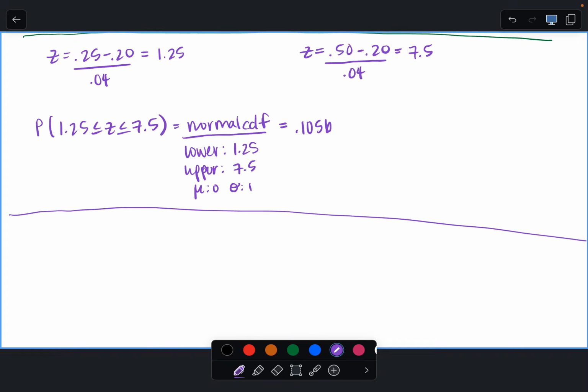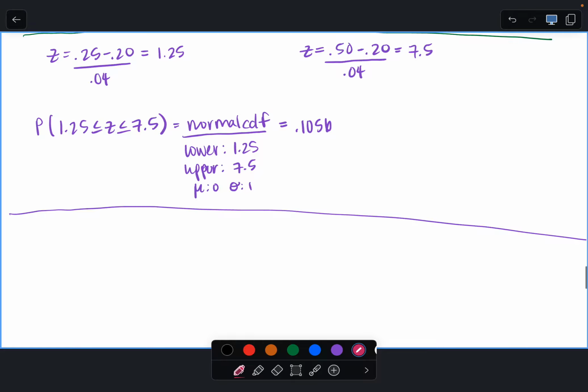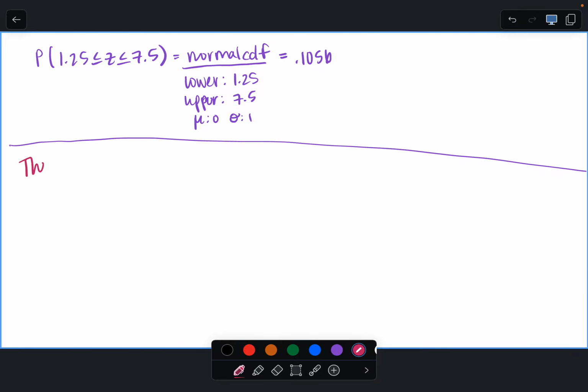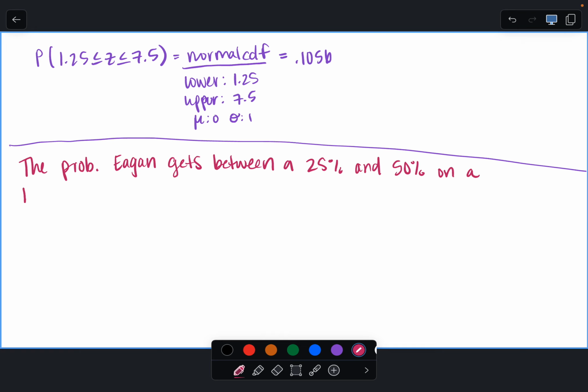The last thing we have to do is conclude, and that is going to be the probability Egan gets between a 25% and 50% on a 100 question AP Stats final is approximately 10.56%.